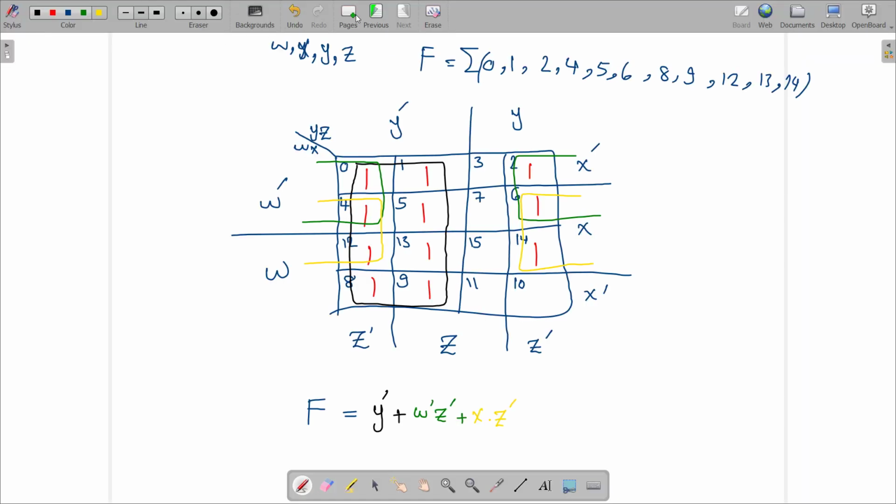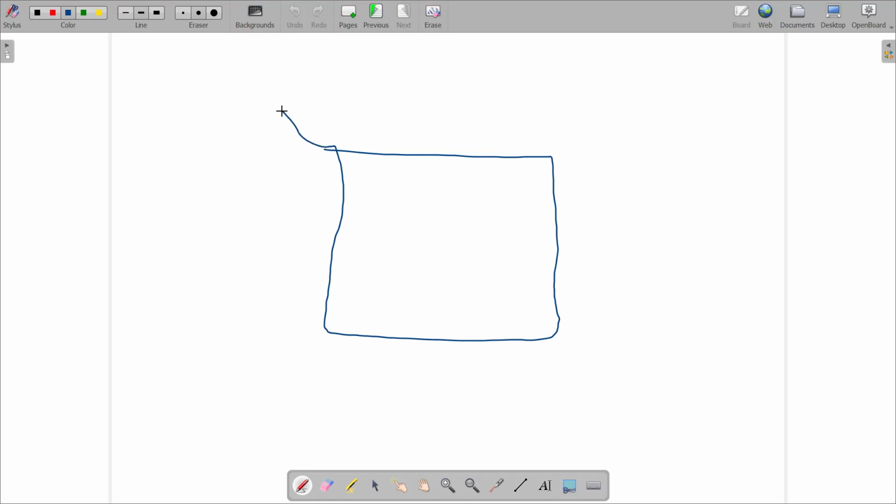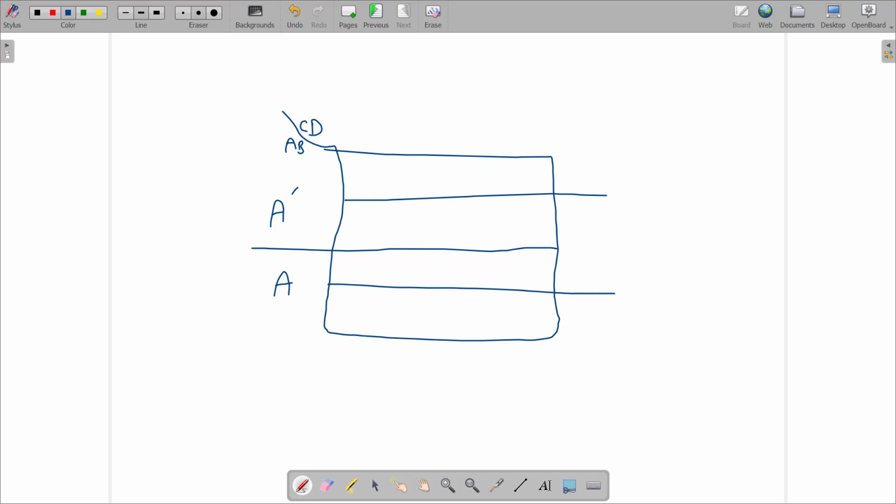And if I want to draw it, I can say that now this is the Karnaugh map. I suppose here is A, B, C, D. Here is A prime. Here is B prime. Vertically divide C prime.